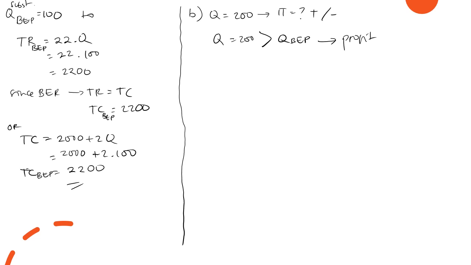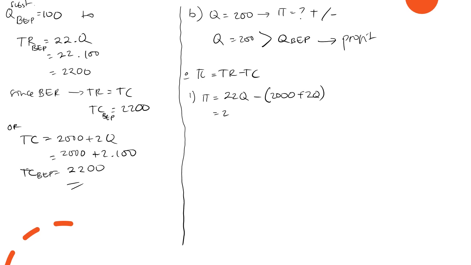Okay, prove it. So profit comes from TR minus TC. You can do it in two ways. First of all, you can go through one equation. It means that if I put TR minus TC in an equation, so TR is again 22Q minus TC, which is 2000 plus 2Q. Don't forget the bracket if you see minus here.